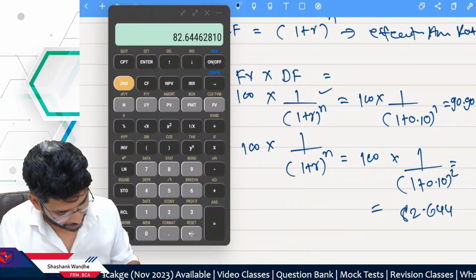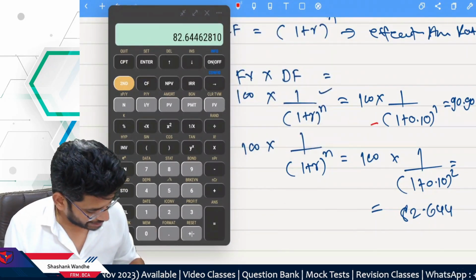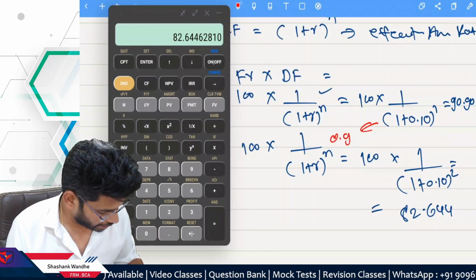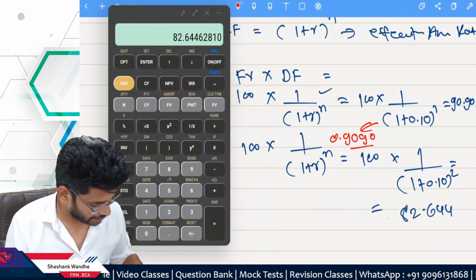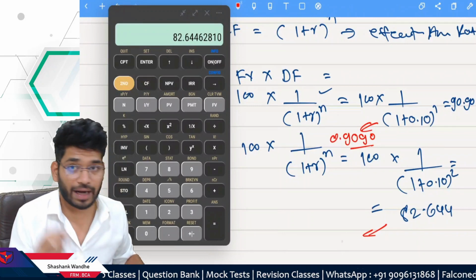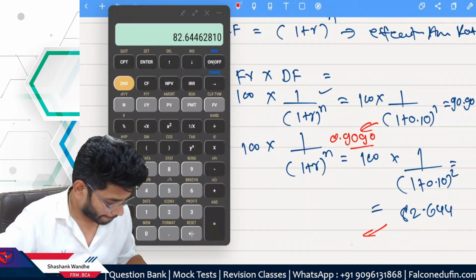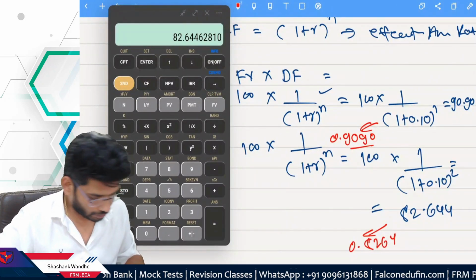82.644. Now here the answer for this discounting factor is 0.9090, and here the answer for the discounting factor for the 2 years is 0.8264.